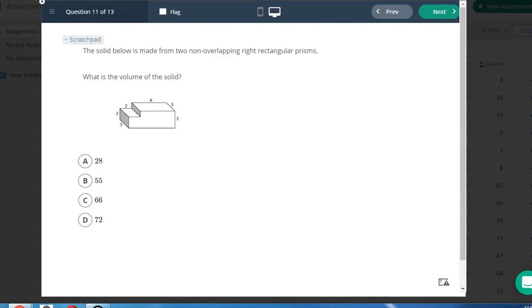Here we go, breaking this into pieces again. Okay, I'm going to draw a line straight down. I'm going to calculate this box, and I'm going to calculate this box, add them together.